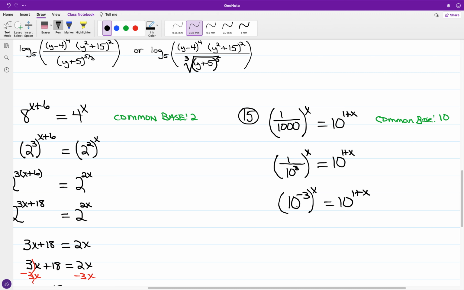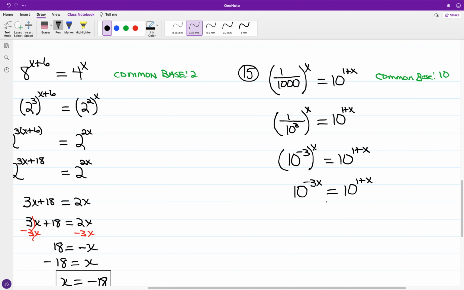And taking care of 10 to the negative 3 to the x with the power property of exponents, you have 10 to the negative 3x is equal to 10 raised to the 1 plus x power. So we got single base 10 terms in direct fashion, and we can now set the powers equal to each other. So you have negative 3x is equal to 1 plus x.